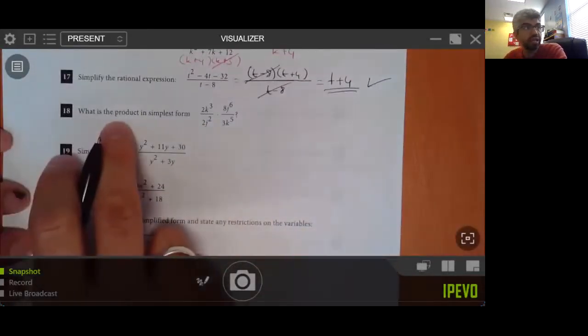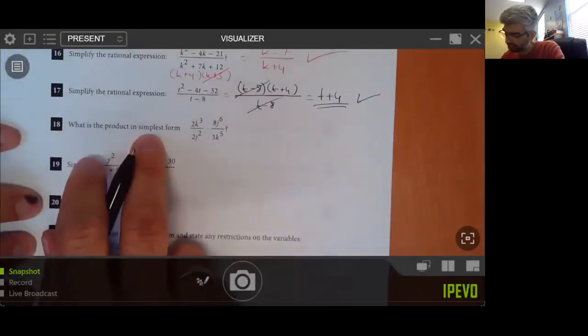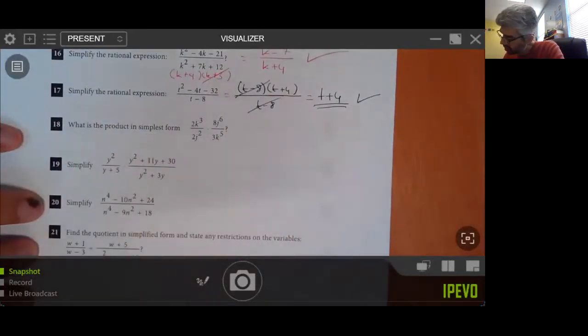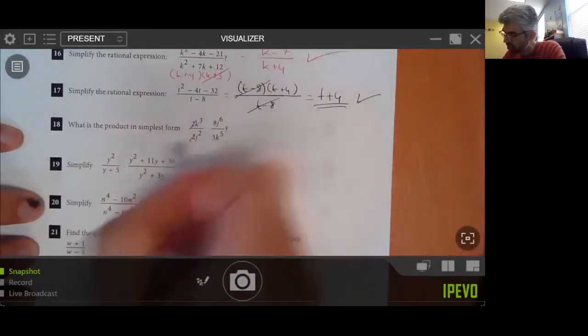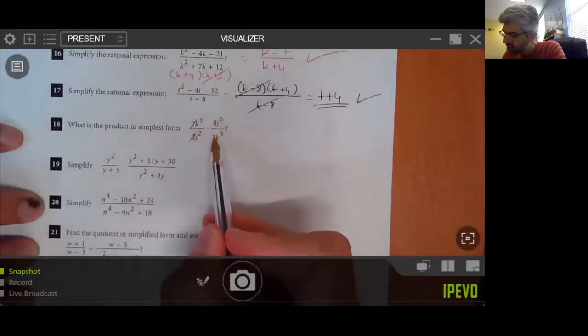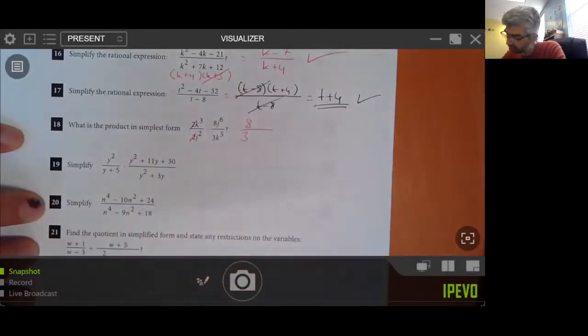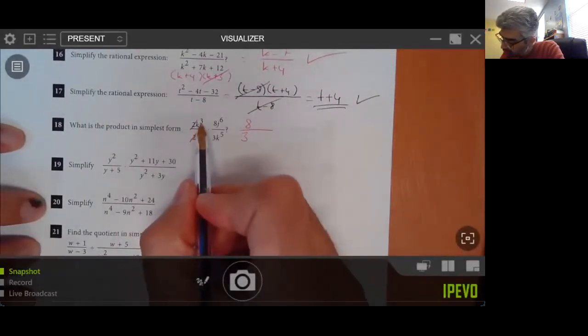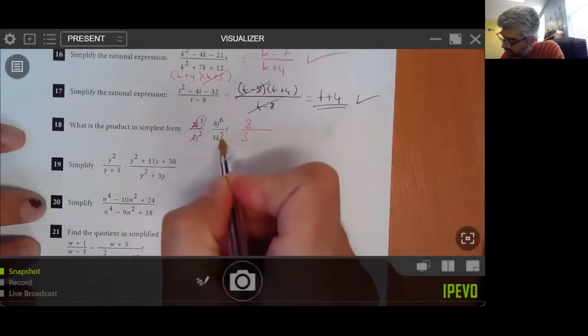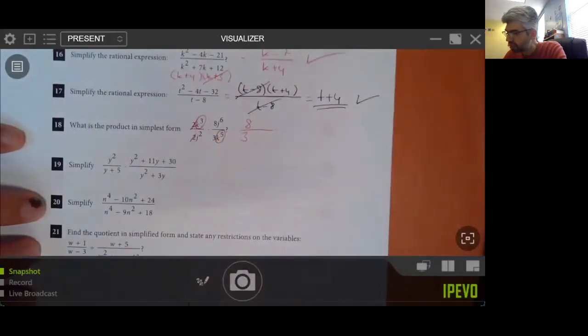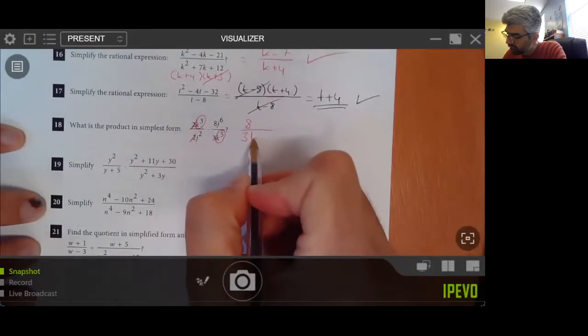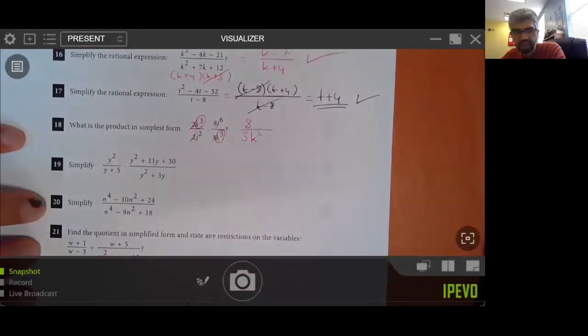Number 18, what is the product in simplest form? Well, I have to simplify both the numbers and the variables. So you see 2 and 2 simplified. 8 and 3 remained, and I cannot simplify them, so I have to carry them to the answer. k cubed and k to the fifth power, if we simplify, we will have k squared in the denominator.